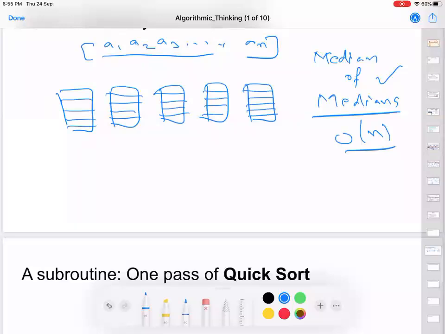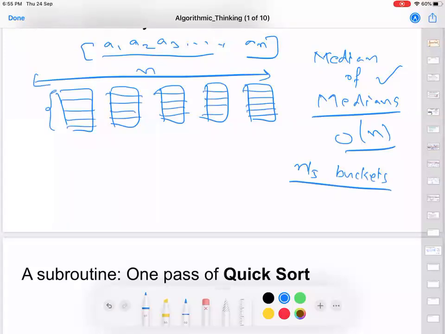If these are a total of n elements, I have n by 5 buckets. Now the next goal is to sort each of these buckets individually. Because there are a constant number of elements, only 5 elements in each bucket, you can use any sorting algorithm that you want.